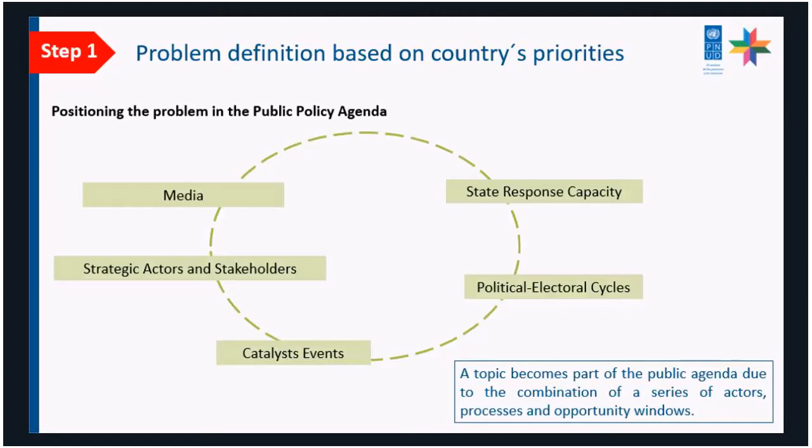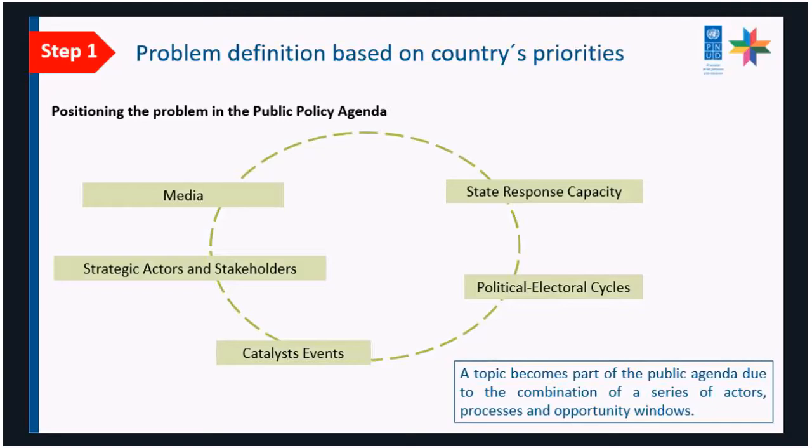For example, an earthquake can be a situation that wasn't planned, but has the power to focus attention on a specific location in a country, on a specific social problem. So we have to consider also how the catalyst event can influence negatively or positively our combo strategy.